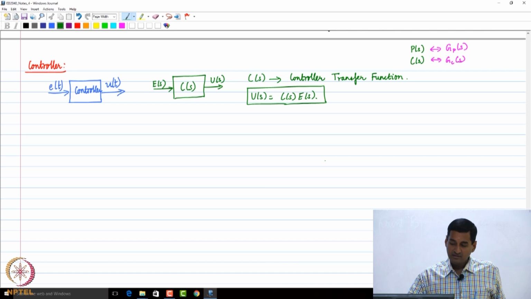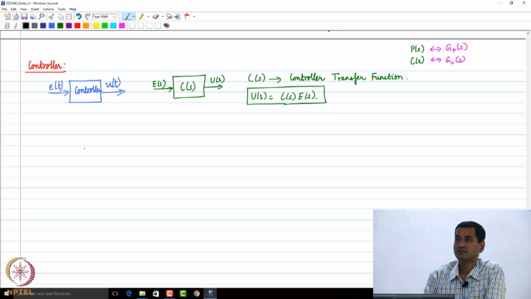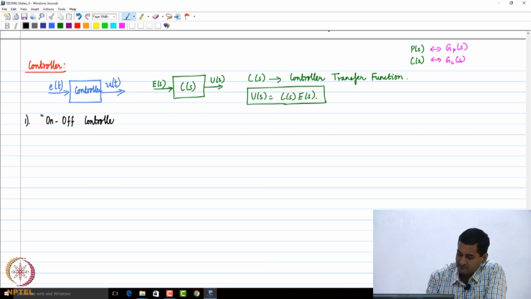Okay. So now what are the different choices of controller structures that are available to us? The simplest controller available is a binary controller, an on-off controller, what people call a bang-bang controller.